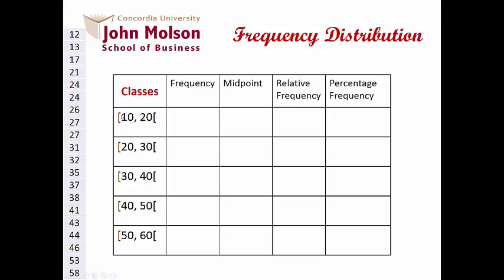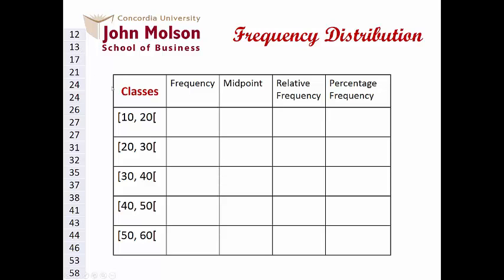The notation I've used here shows this is a closed bracket, that means 10 is included in the interval, and 20, you see the bracket is open, so 20 is not included. I could write this class goes from 10 to less than 20, excluding 20 because 20 is in the other interval here.